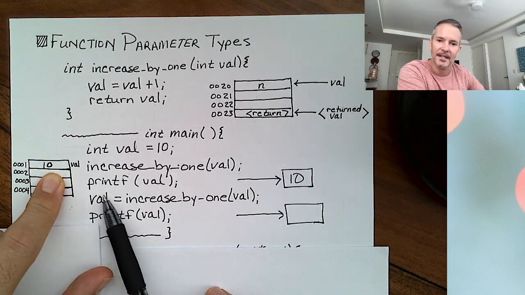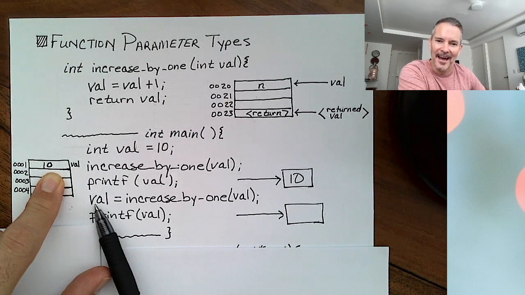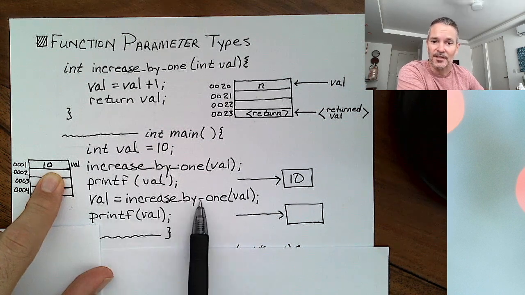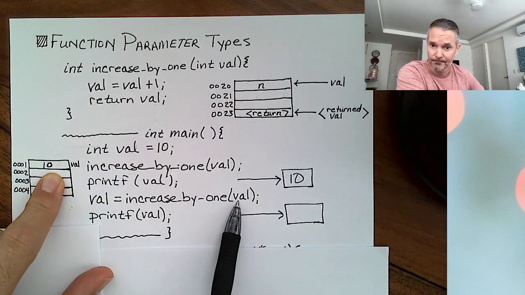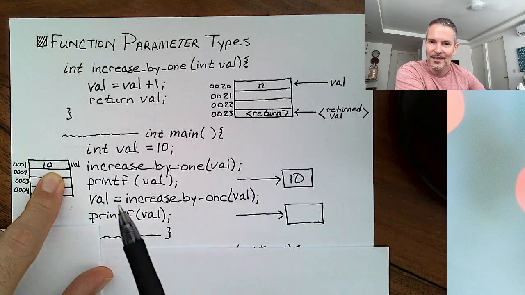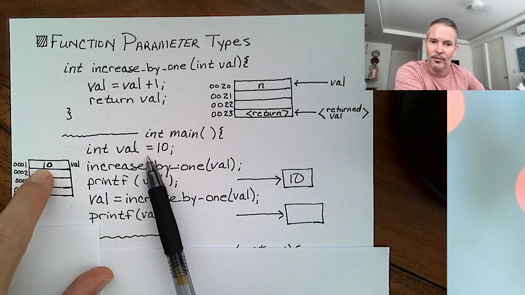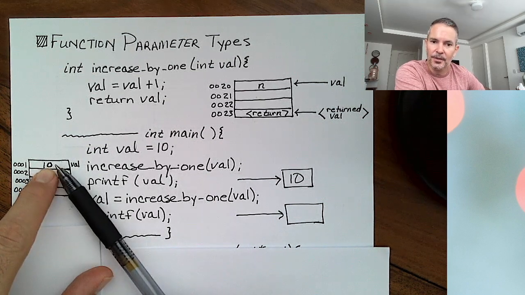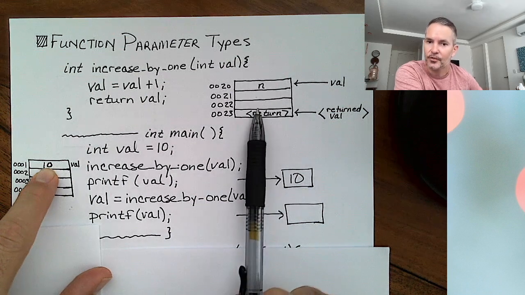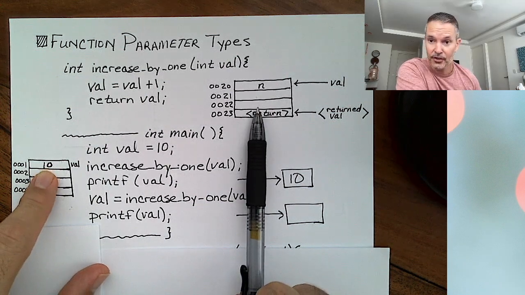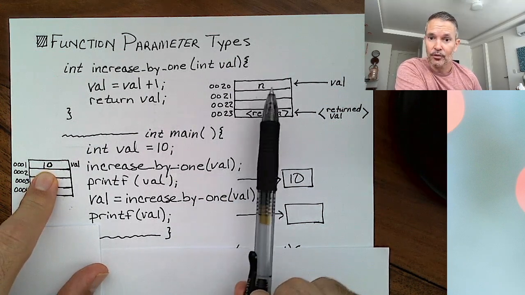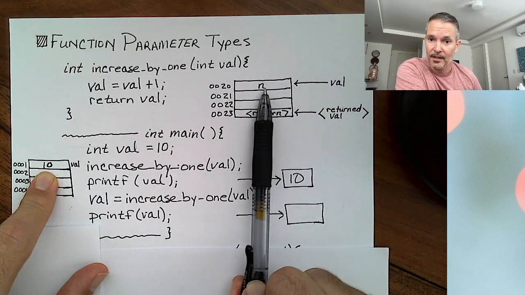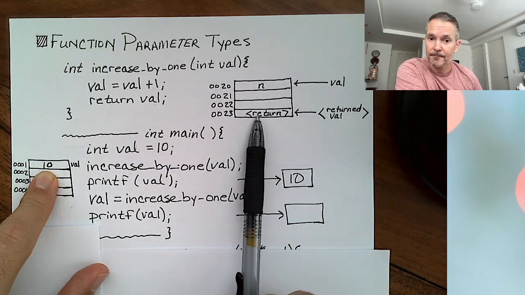Now let's look at my next statement. What if I said val equals increase by 1, and pass in val? So now the variable val that we've never touched is going to get copied into a special place in memory just for this function to run. The function will increment it to 11 and it will return 11.